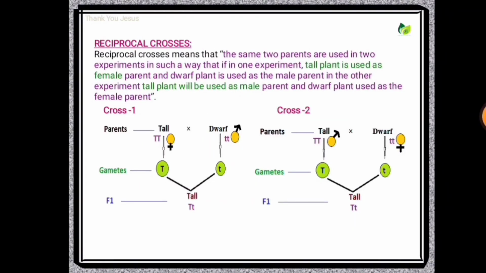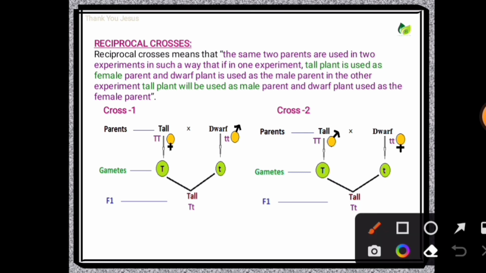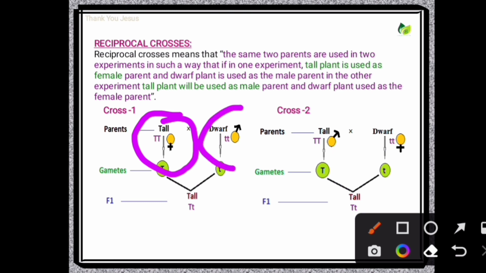Let's see what reciprocal crosses mean. Reciprocal crosses are the same two parents used in two experiments in such a way that in one experiment a tall plant is used as the female parent and a dwarf plant is used as the male parent.